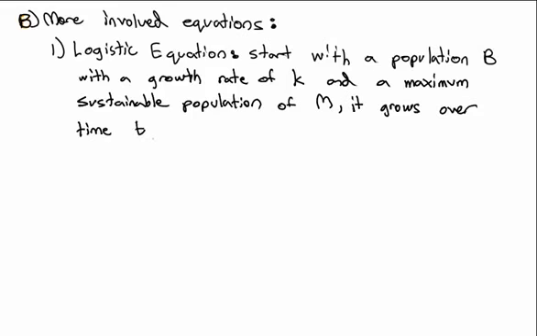We'll use T for time, using this function. Q of T is equal to M over 1 plus B e to the negative K T.